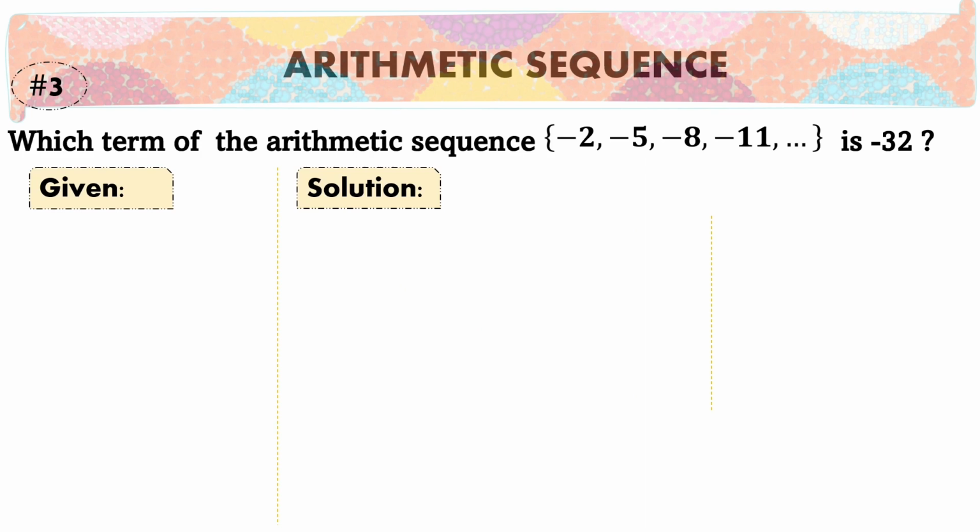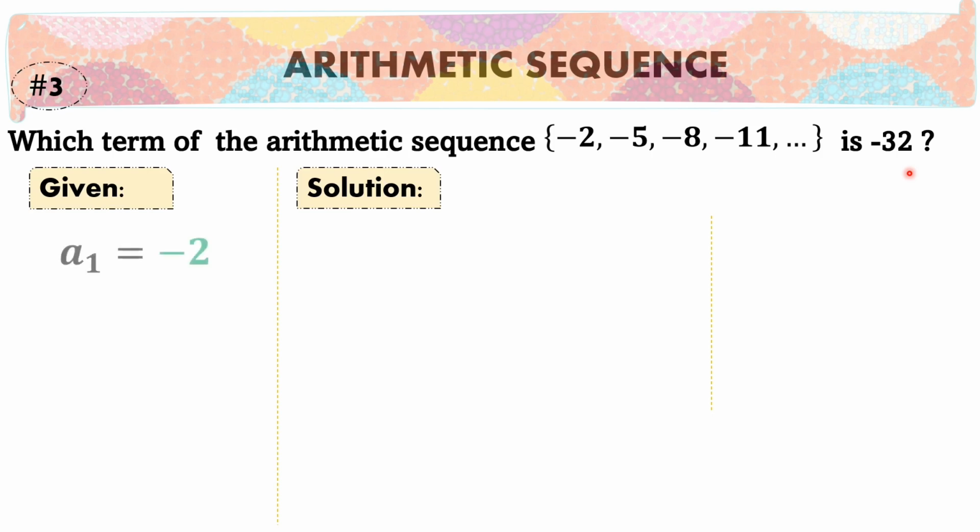Number 3. Which term of the arithmetic sequence negative 2, negative 5, negative 8, negative 11, and so on, is negative 32? Again, what's the term number of negative 32, or what is its position?